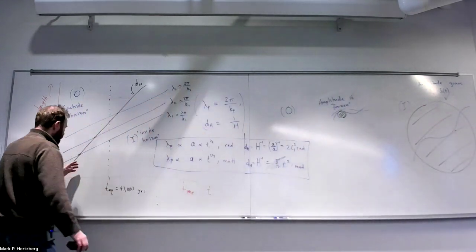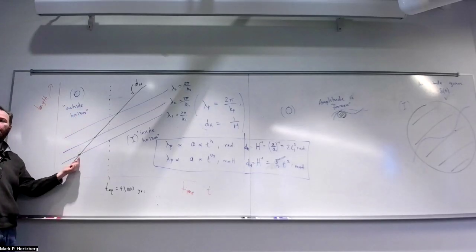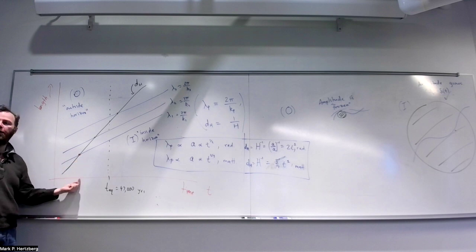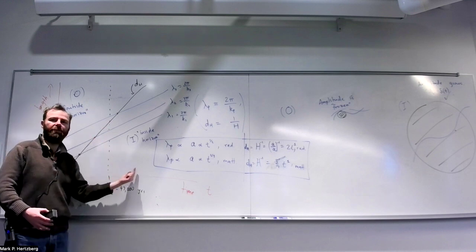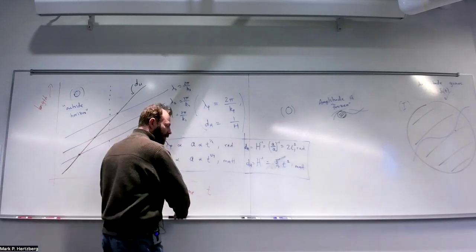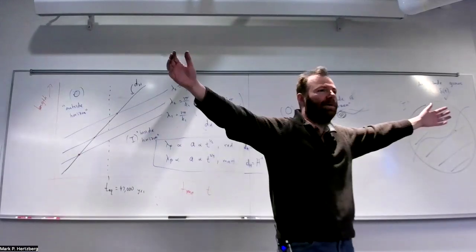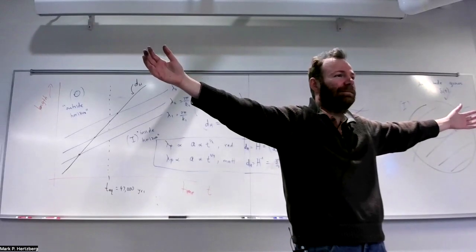So in particular, you think of this as going up in lambda, right? So a relatively short wavelength mode enters our horizon early. Longer wavelength modes enter late. An extreme version of this would be a mode whose wavelength is today's Hubble length. That would be a gigantic one. Well, it's by definition entering today.